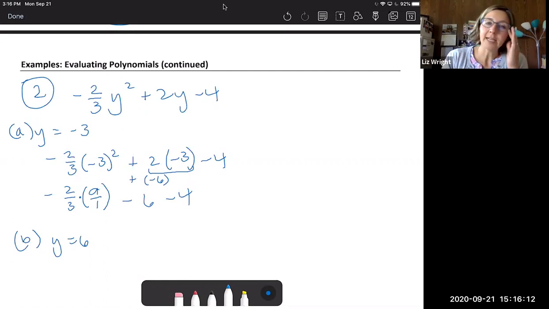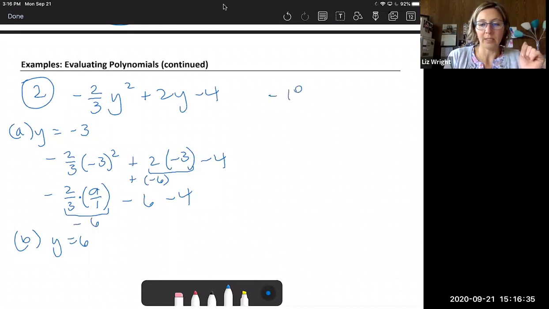All right, next thing. You can think about what is 2/3 of 9, because that's what this next thing is. What's 2/3 of 9? Or you can just multiply straight across. If we multiply straight across here for this fraction, it's going to be -18 over 3. -18 over 3 is going to give you -6, right?